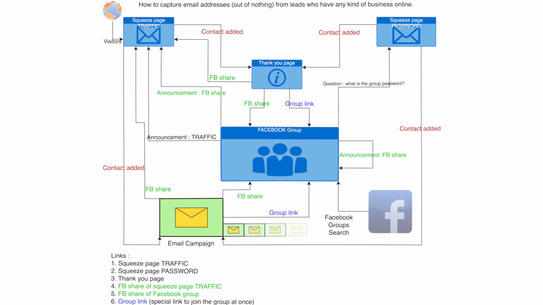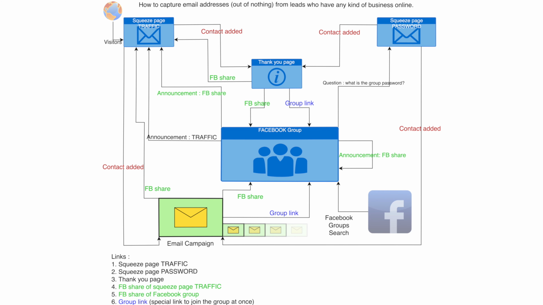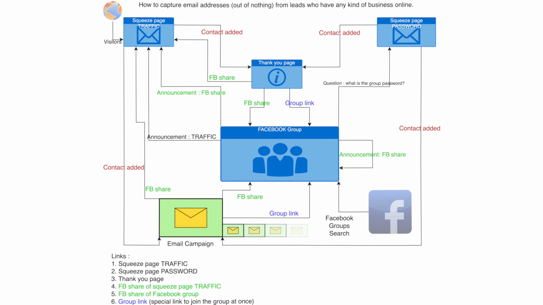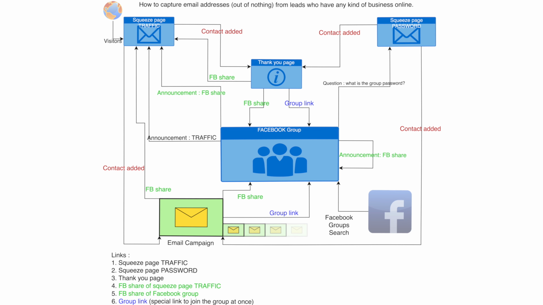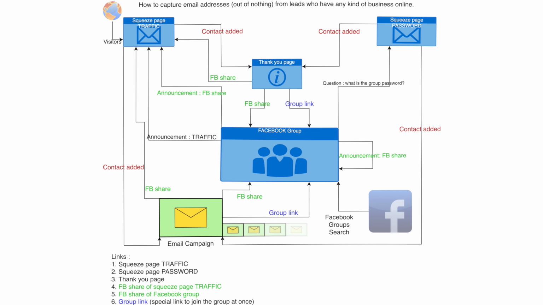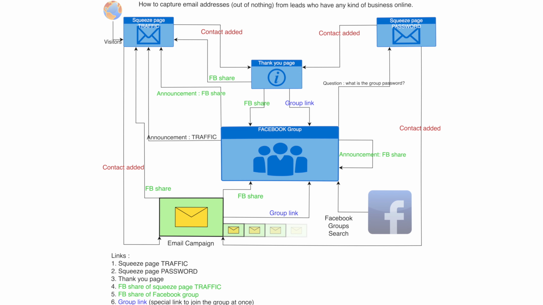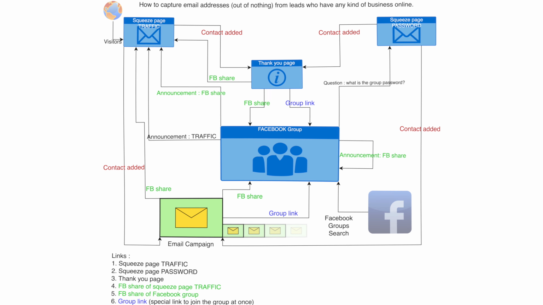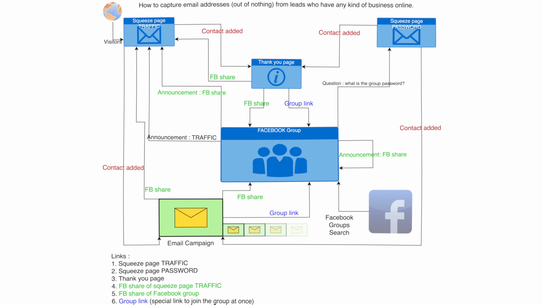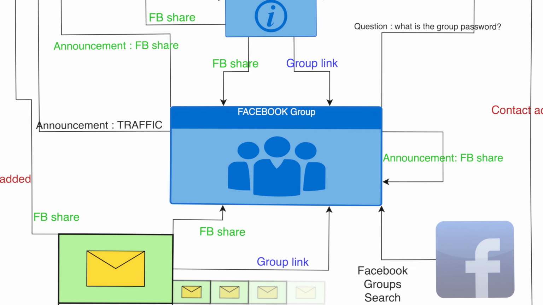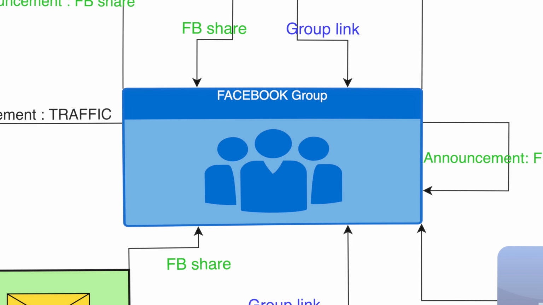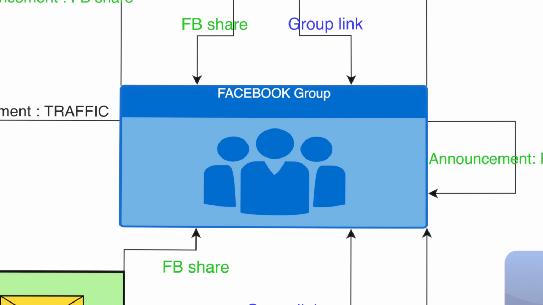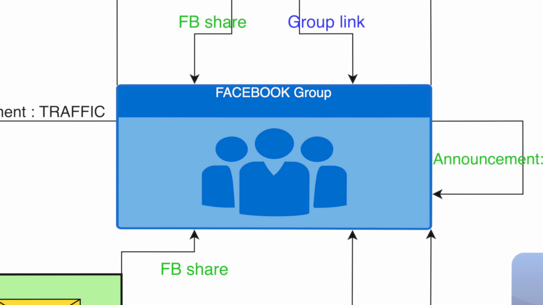You can see there are 1, 2, 3, 4, 5 elements, including the email campaign at the bottom left. The blue things are pages that you will do using any tool you want. Let's start with the first element, which is the Facebook group.